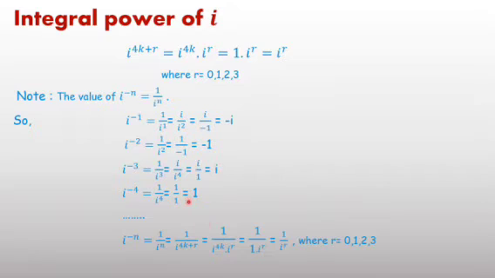And after that you can calculate. In this pattern, if an integral power of i is given, integral power of i means an integer. The power of i will be a positive integer, negative integer or 0. You can calculate the value of i power.